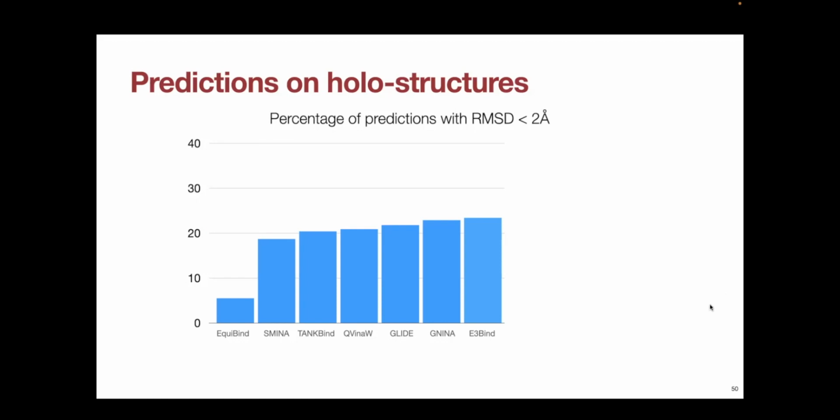But we can still see here that for this blind docking task, traditional methods and these deep learning methods don't really get a high success rate, where here we're measuring success by the proportion of predictions with the top 1 RMSD below 2 Angstrom. And we can see that the success rate is below 25%.